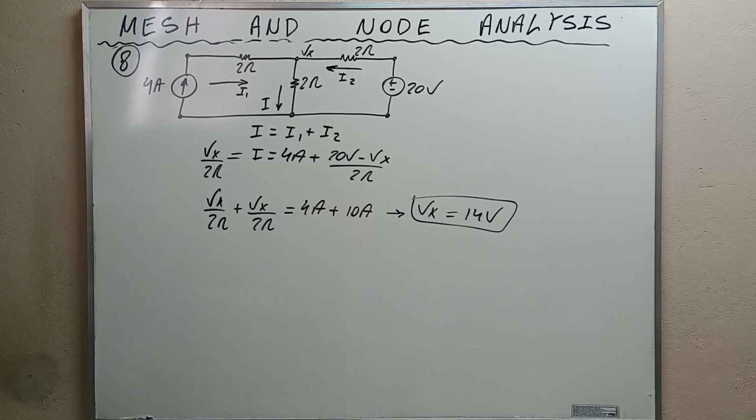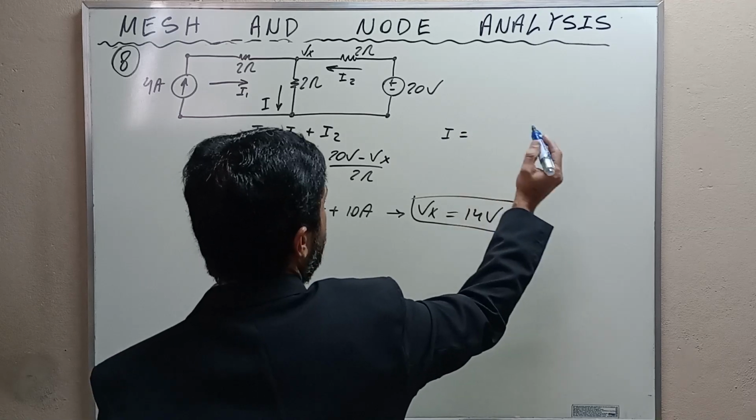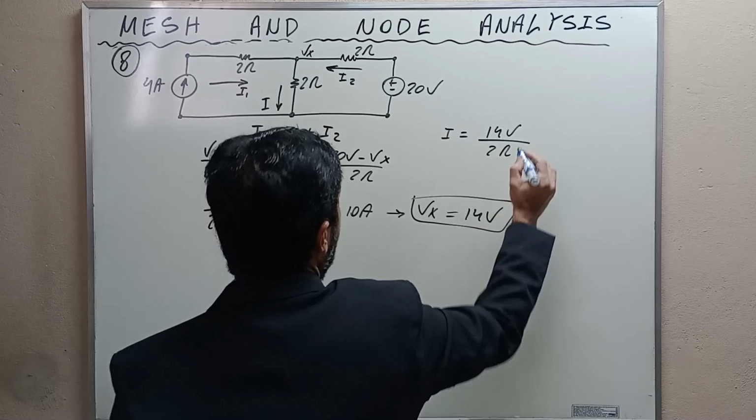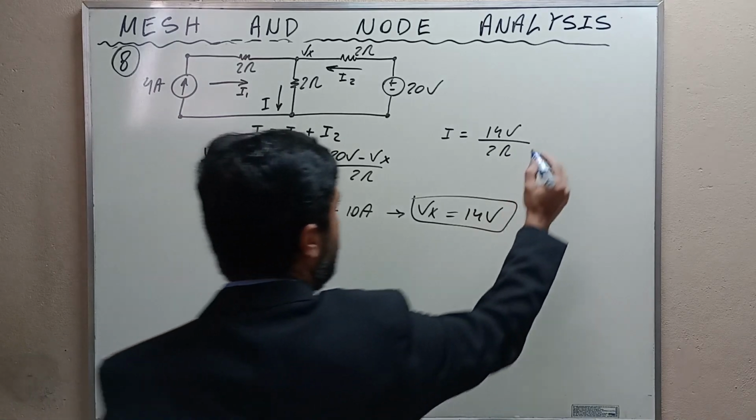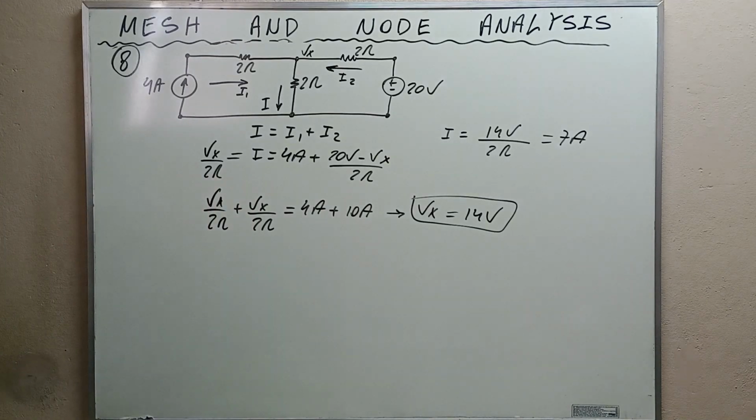Finally, we can calculate the value of I. The value of I is simply Vx 14 volts divided by 2 ohms, and this is precisely 7 amps, okay? And this is all the exercise wanted from us. The exercise wanted us to calculate the value of the current and the value of the current is 7 amps.